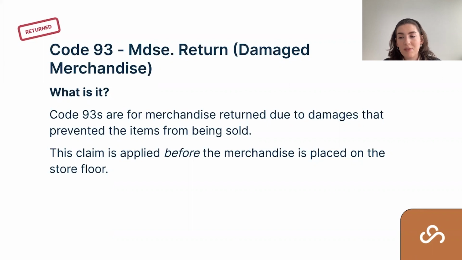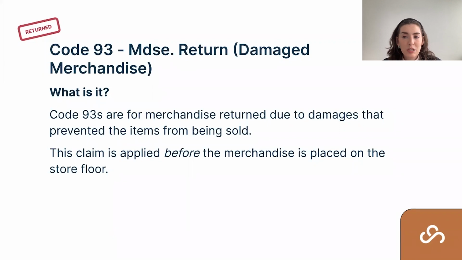So a good example of this is maybe a concealed shortage, and then you receive a code 93. Let's say you've shipped a pallet of merchandise. You got it to the store. It went through the DC.